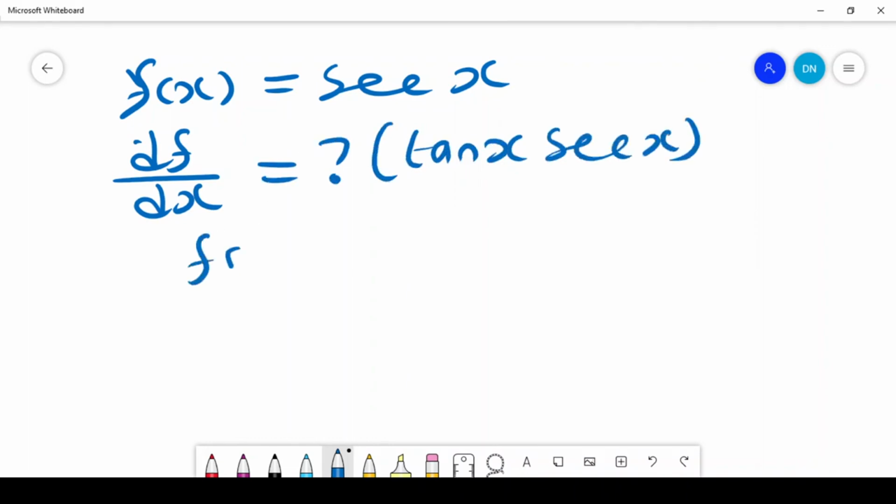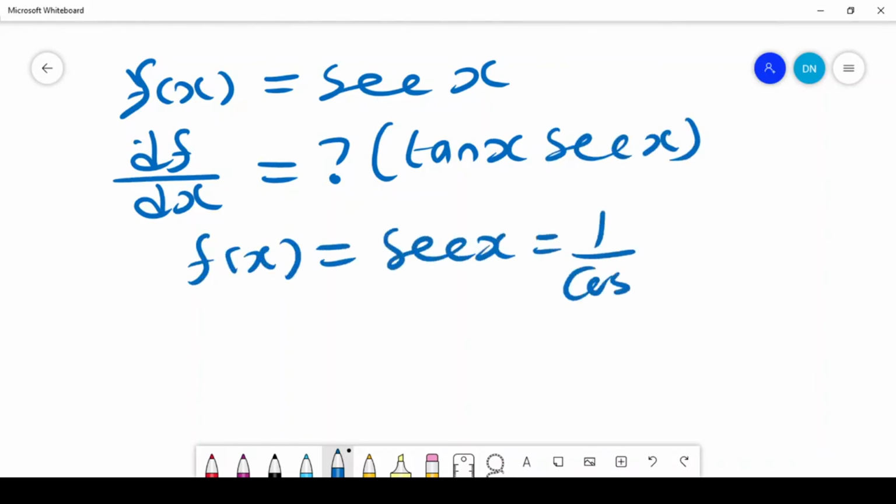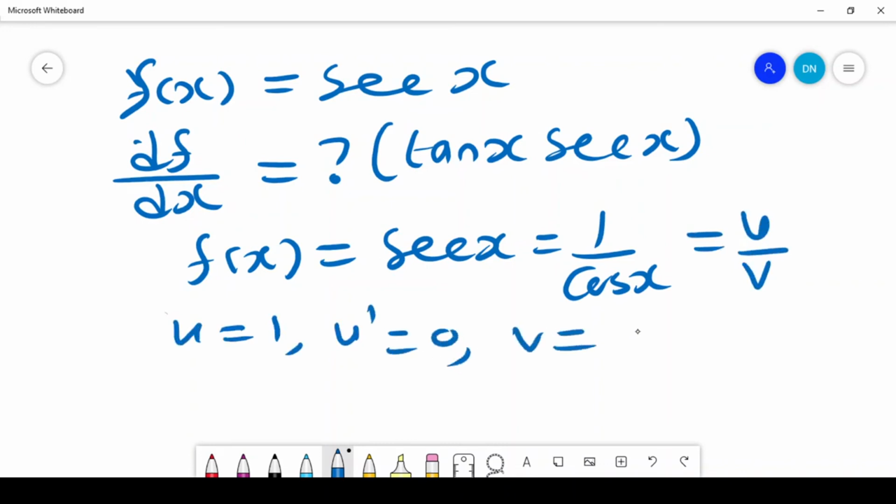Remember, for f of x, if I'm differentiating, I can write this as 1 over cos x, and I'm going to use the quotient rule. My u is 1, so my u prime is equal to 0, my v is equal to cos x, and my v prime is equal to negative sine x.